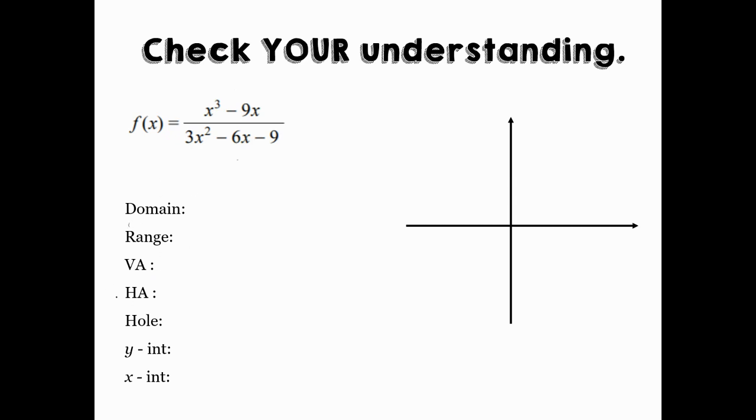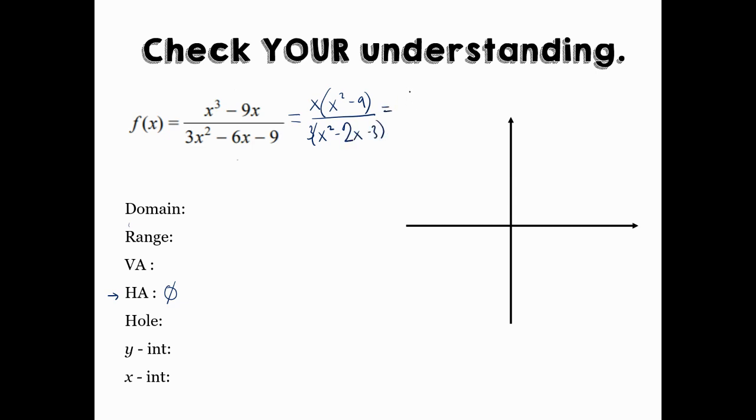So the first thing that I'm going to do is the horizontal asymptote. This is top heavy. I got no horizontal asymptote. Okay. So now I am going to factor out what I can. I can factor out an x, and I'm left with x squared minus 9, which factors more. I can factor out a 3, and I'm left with x squared minus 2x minus 3, which factors more.